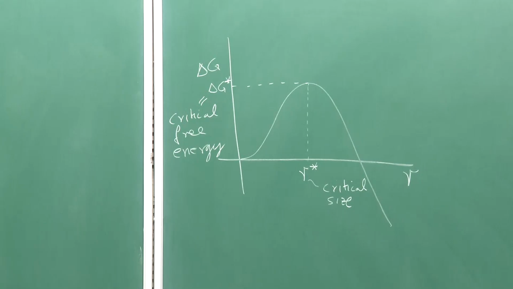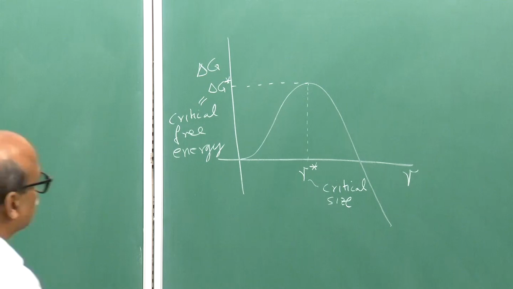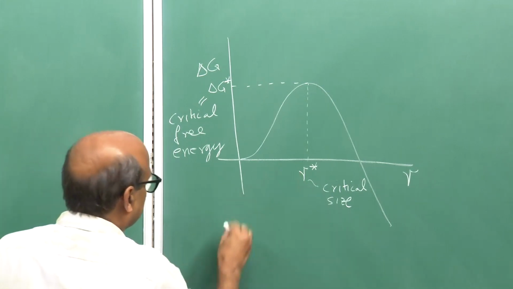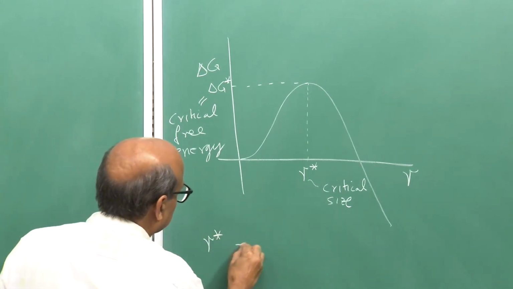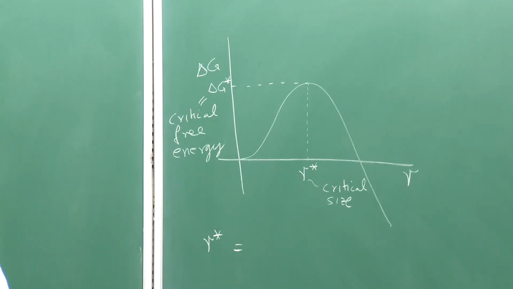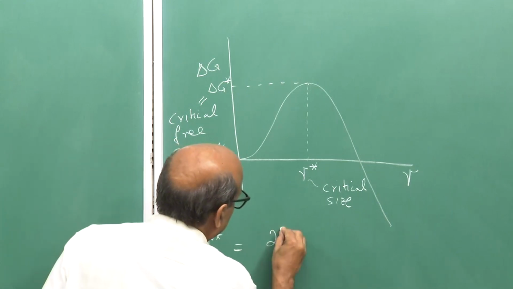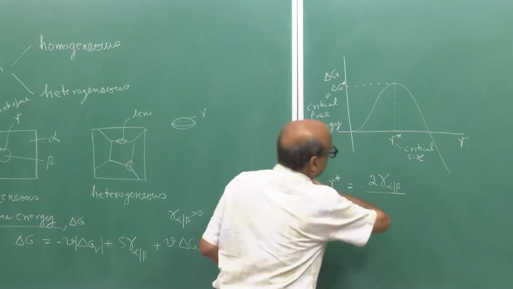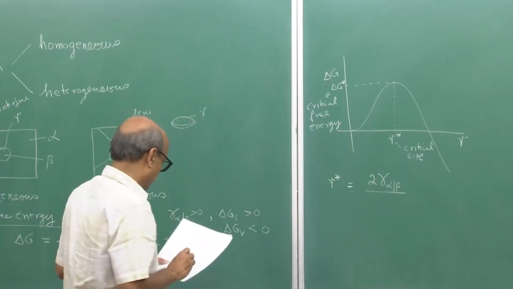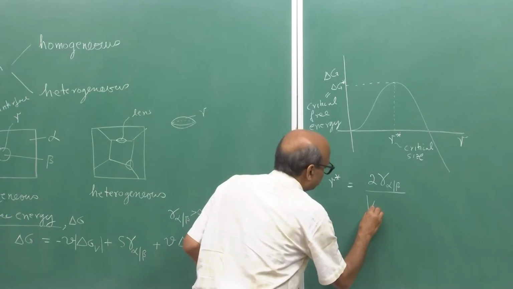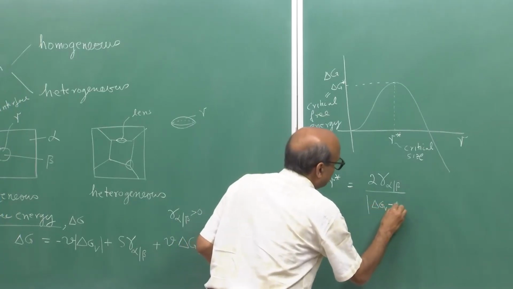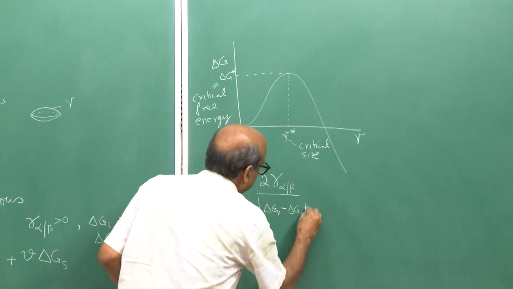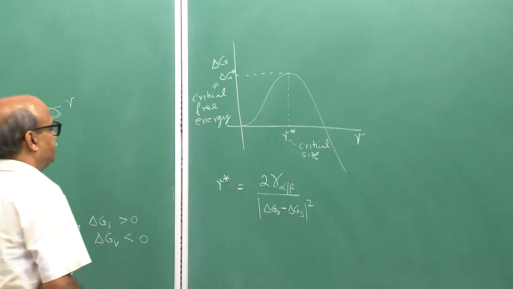We have analyzed this curve in detail in part 1 of this course, and the critical size of the nucleus is given by 2 times gamma alpha beta, the surface energy of the alpha beta interface, divided by delta GV minus delta GS squared.